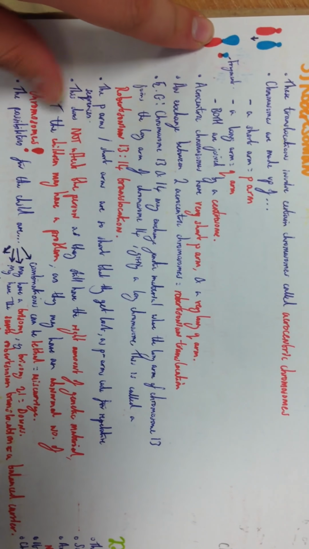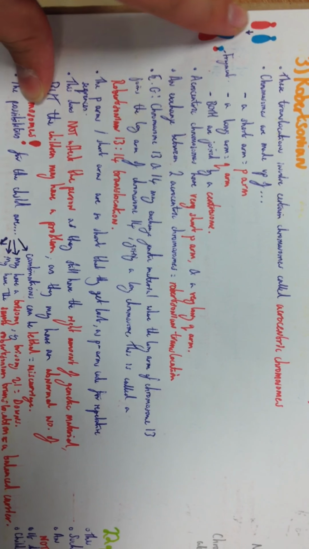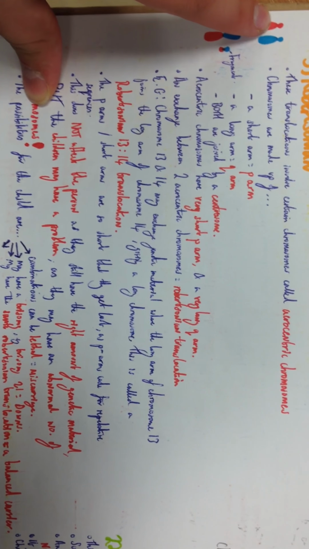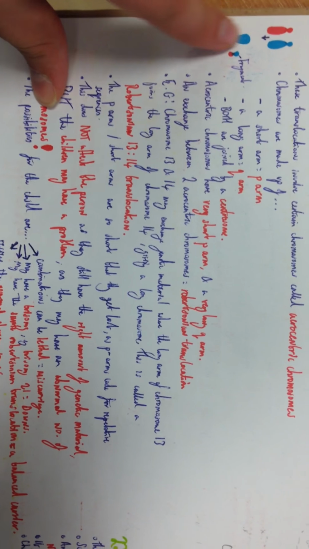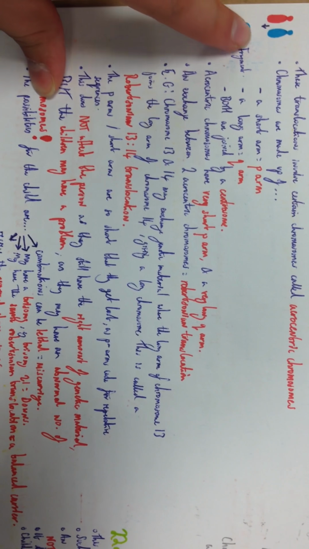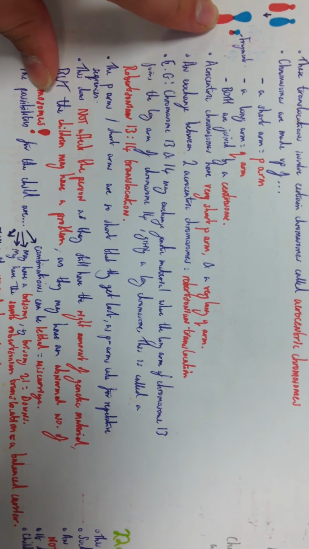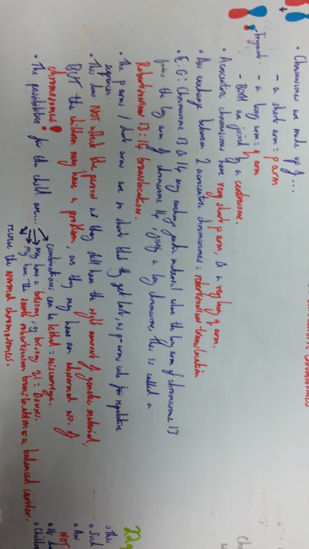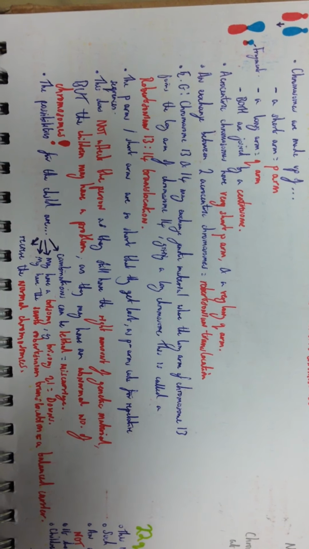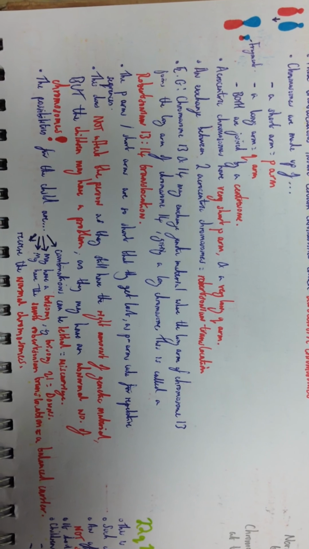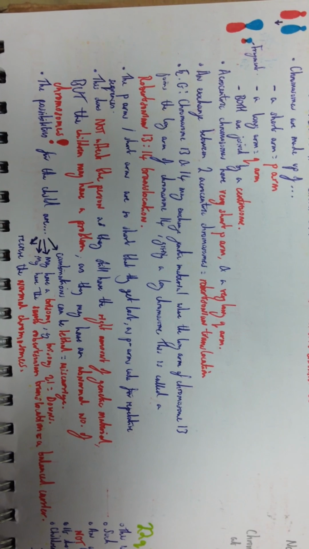Here we see an acrocentric chromosome has a very long Q arm and a very short P arm. For example, chromosomes 13 and 14 may exchange genetic material, where the long arm of chromosome 13 joins the long arm of chromosome 14, giving one long chromosome. This is called a Robertsonian 13-14 chromosome.